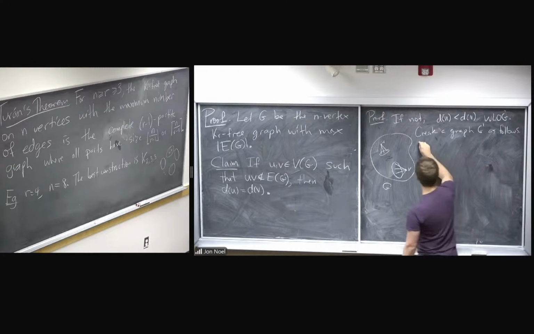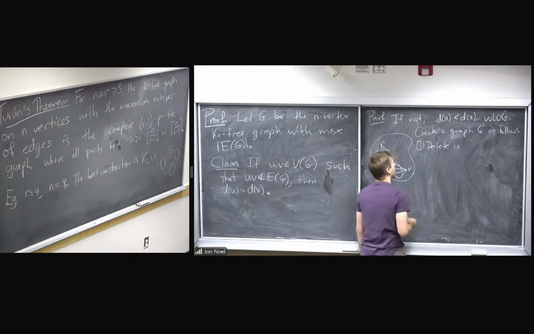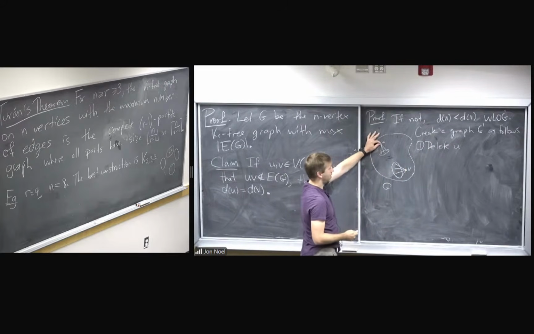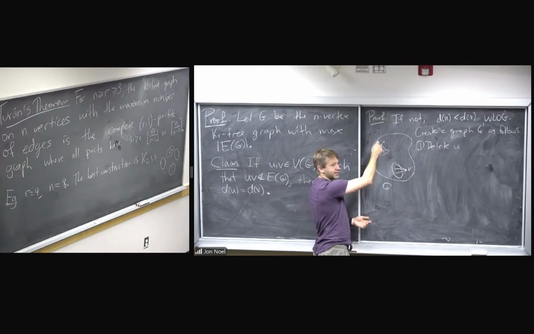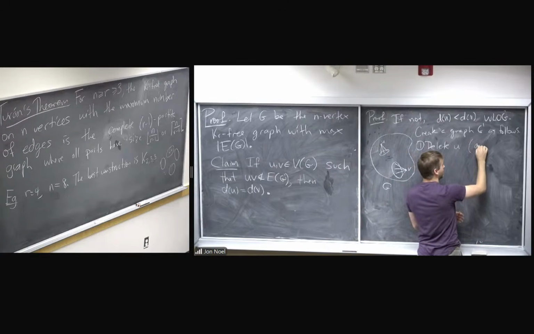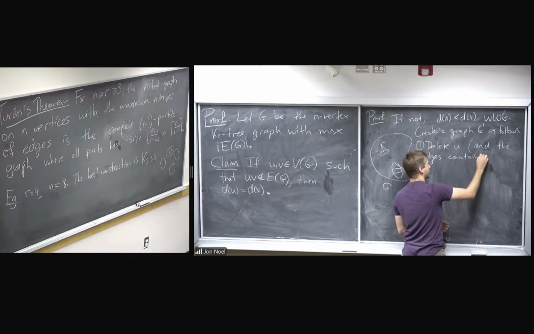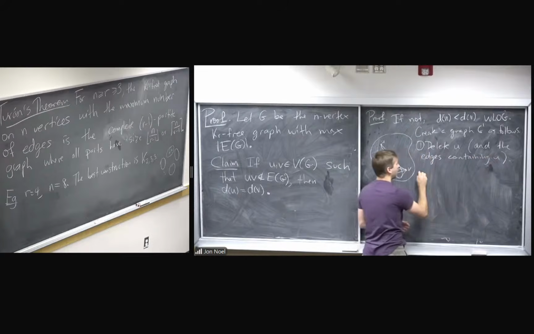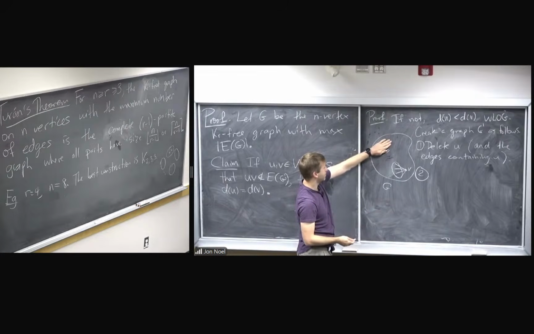So step 1, delete U. And when I delete U, implicitly I've also got to delete all the edges containing U. Whenever you delete a vertex from a graph, we also delete the edges containing U. Okay, so now this guy's gone. I've got one fewer vertex, so I need to add another vertex.